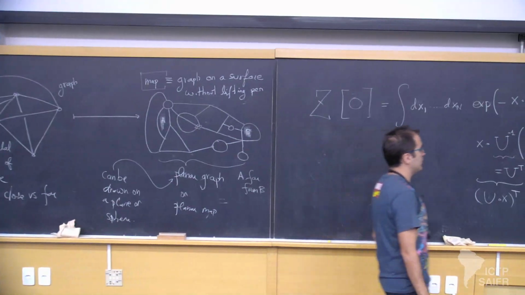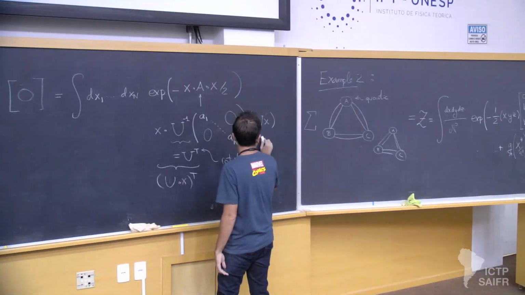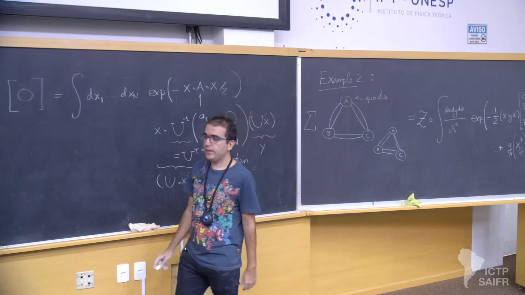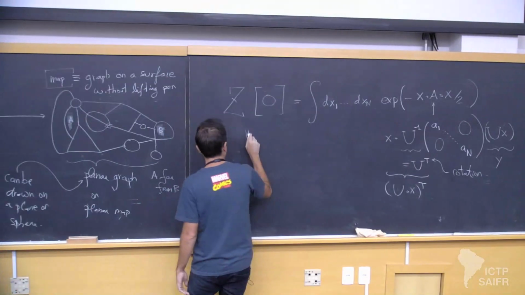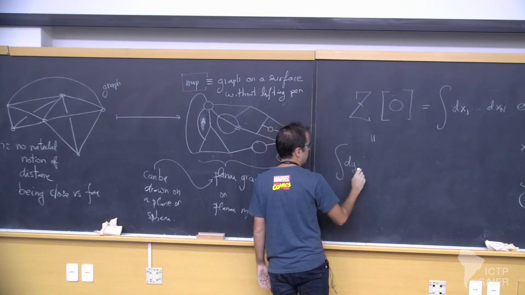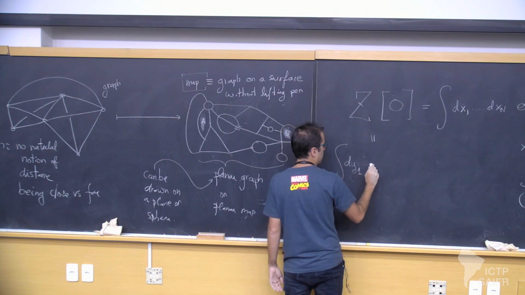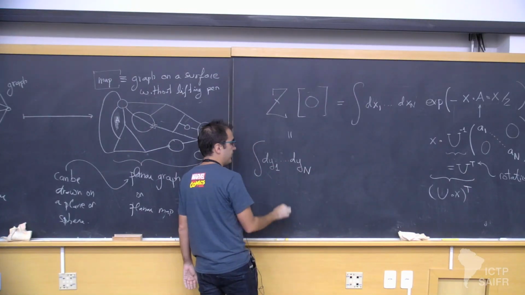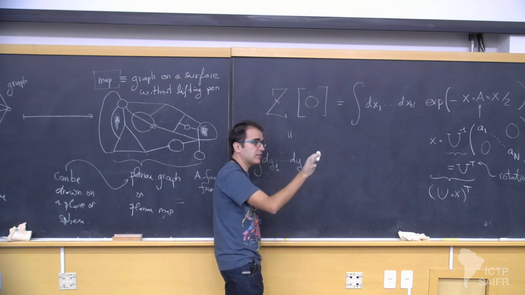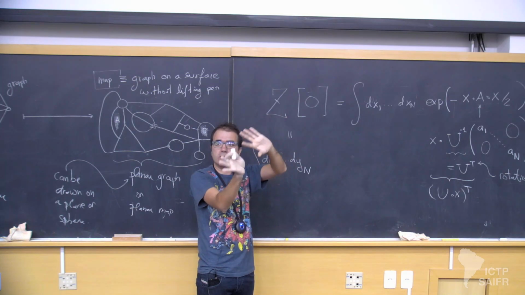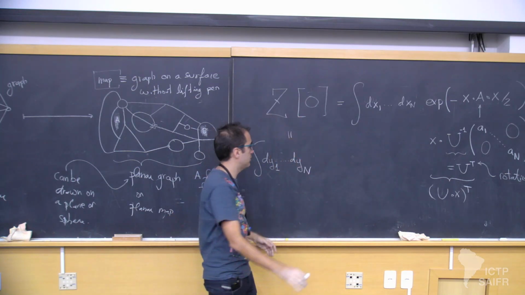And therefore, if I call this rotated variable y, then this integral becomes the integral dy1 ... dyn. Let me emphasize that there's no Jacobian because this is just a rotation. Rotations don't carry Jacobians. We are not stretching anything. We are just rotating to a good basis.